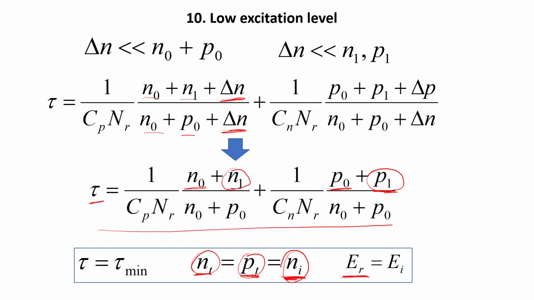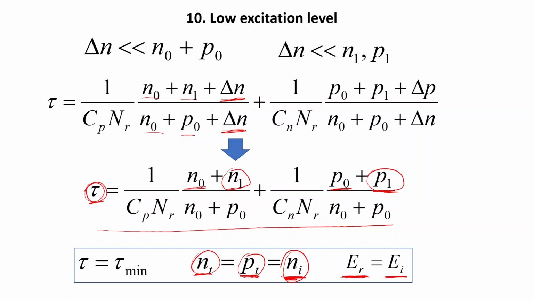And that means that this recombination energy level should be at the middle of the band gap. It should be located somewhere close to the middle, but ideally right in the middle. It actually depends on the ratio between effective masses, but we will not go into so much detail, but in the vicinity of the middle of the band gap. So then we will get conditions when this tau will be minimum. So that is clear.